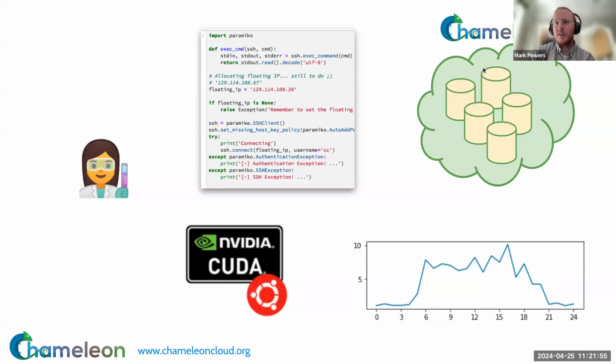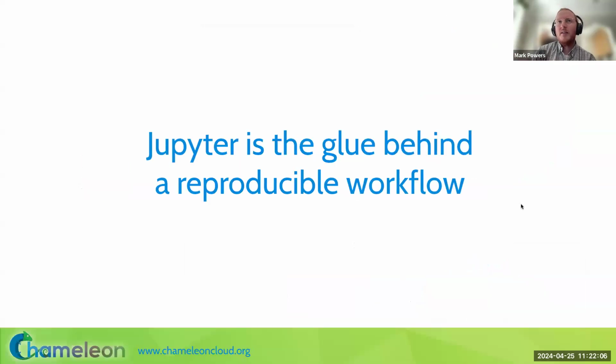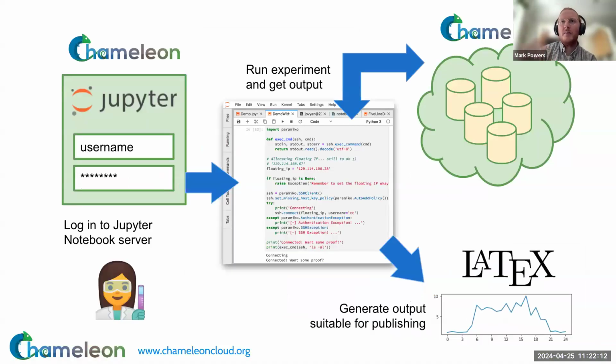There's all the resources in the cloud on Chameleon. And then you also have some analysis of your data that you want to do as well. And this is why we offered Jupyter as this glue to combine all of these different parts together.